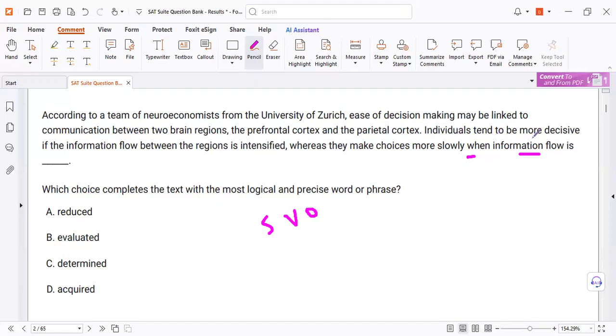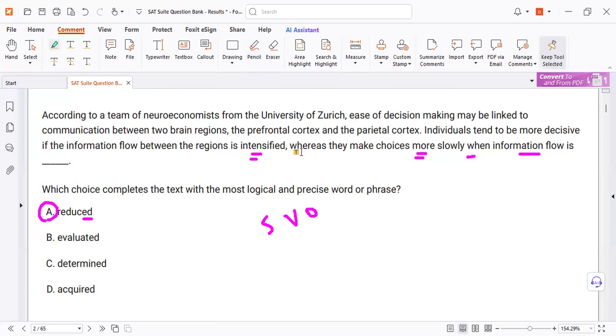Individuals tend to be more decisive if information flow between regions is intensified, whereas they make choices more slowly when. So they make choices more slowly when what? When the information flow is reduced. Imagine. So it's letter A.